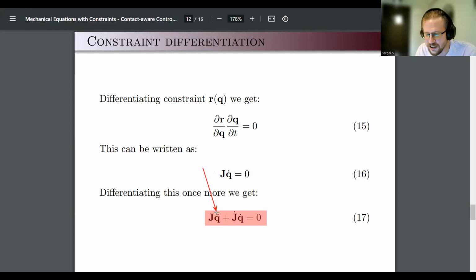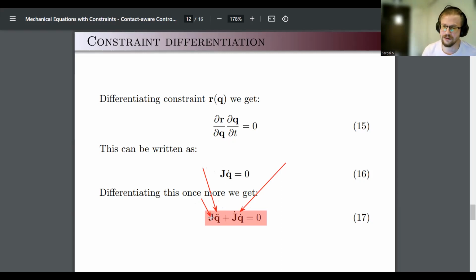But in this expression, Q double dot is an independent variable, you can say, and its behavior is determined by Q dot times J dot and by this matrix J. So in a sense, it is a linear equation with respect to Q double dot.